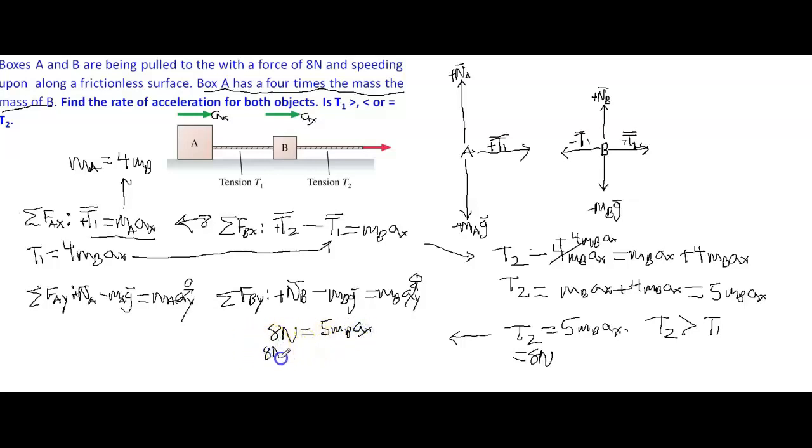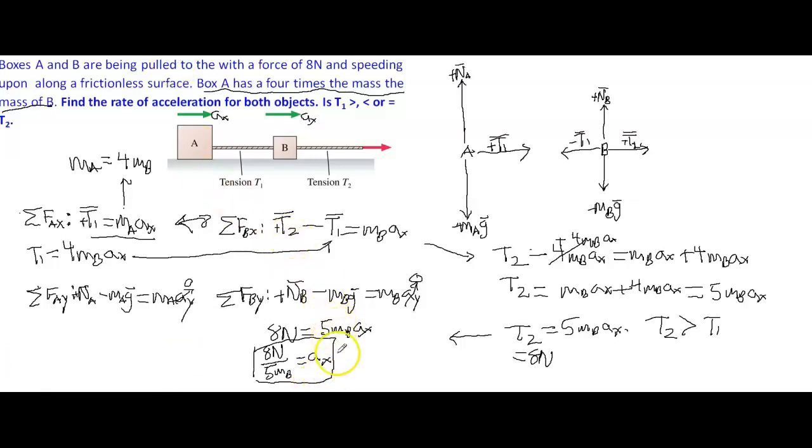And so 8 newtons divided by 5 mass b is going to be the description of the acceleration in the x direction. So if we knew what mass b was, if it was 2 kilograms or 3 kilograms, then we could go ahead and put that in, and we would have what the acceleration in the x direction is.